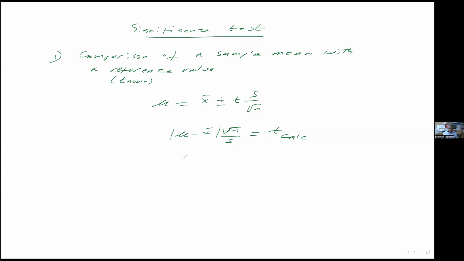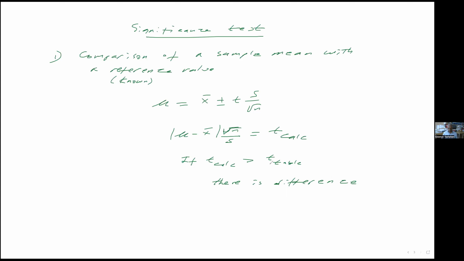Okay, so if t-calc is greater than t-table, that's if it is 5 measurements, then you go for 4 degrees of freedom, and then from that table which you saw earlier. And then if this value is higher, then there is a difference.